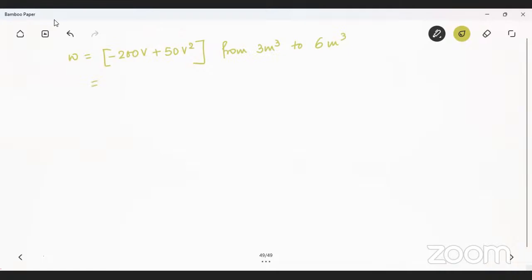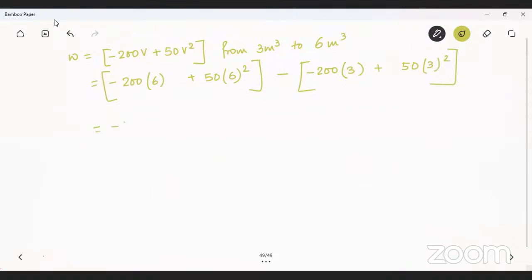So minus 200 into 6 plus 50 into 6 square, whole thing minus of minus 200 into 3 plus 50 into 3 square.